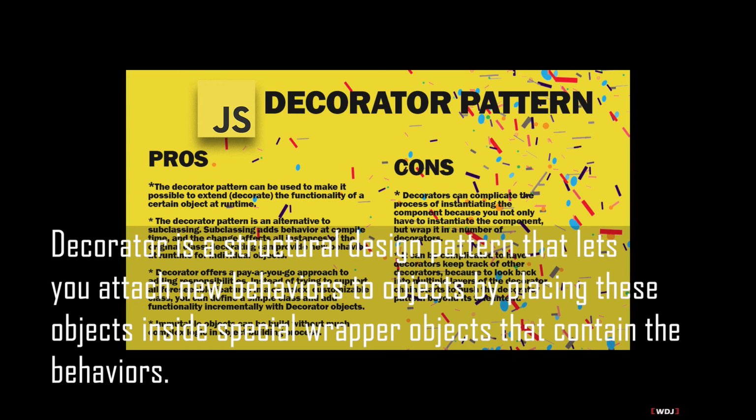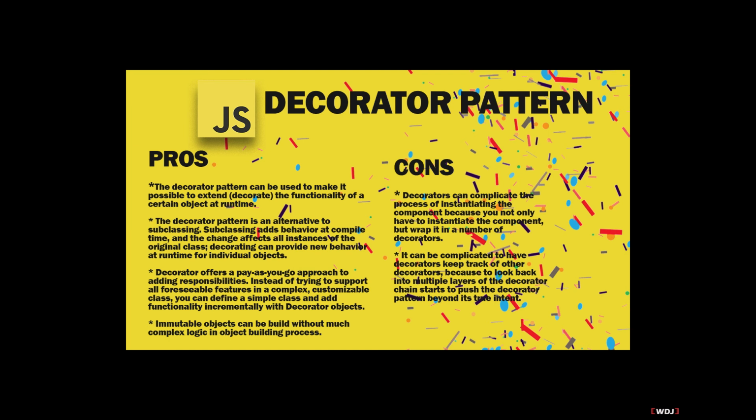That's it. It's just extending the functionality of the base object, wrapping it around another special object. I'm doing air quotes, special object, that has these new features that you want it to have. That's it. So, getting on to the pros and cons.